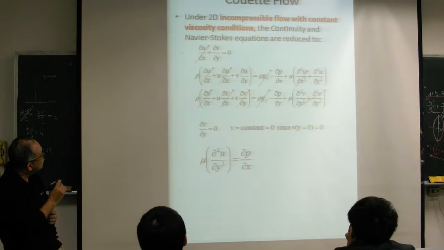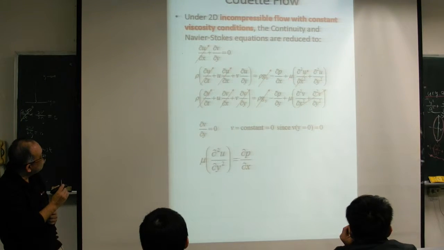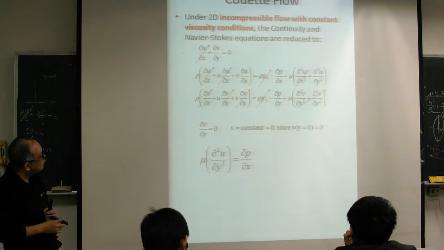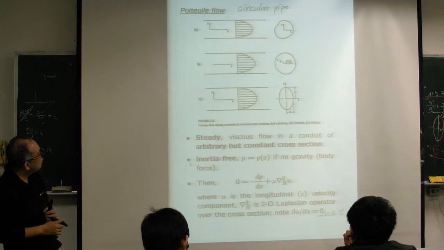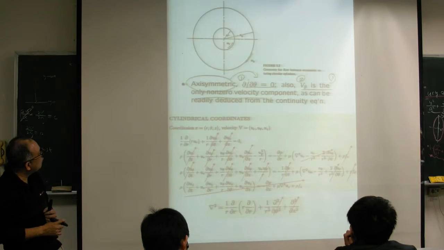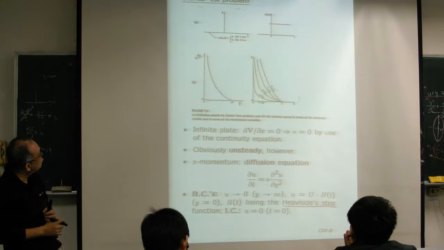The term with v drops since v is equal to 0. We have the partial square u partial y square term, because partial x is equal to 0. So only this term and this term survive. We don't have any pressure gradient term. So our governing equation for this physical problem reduces to this.